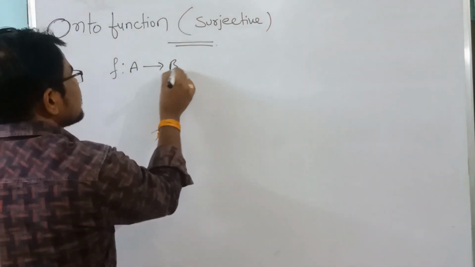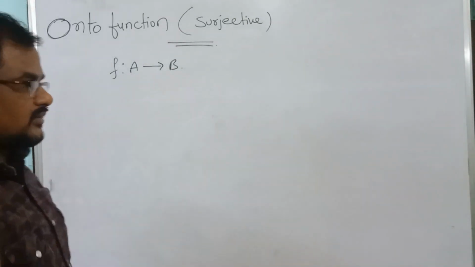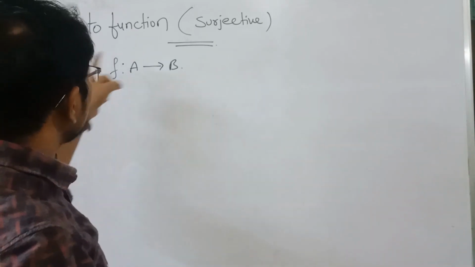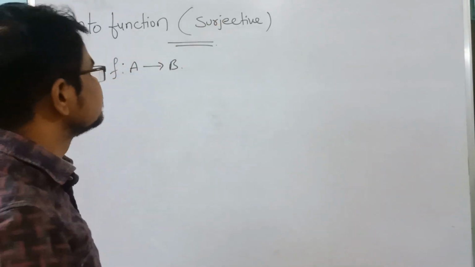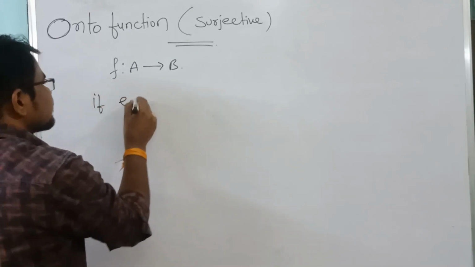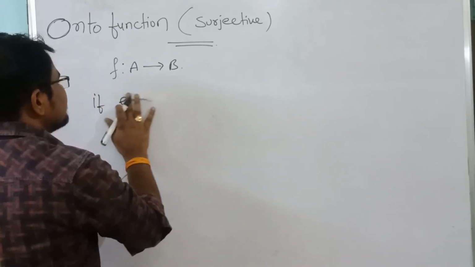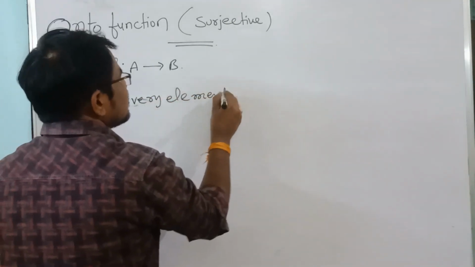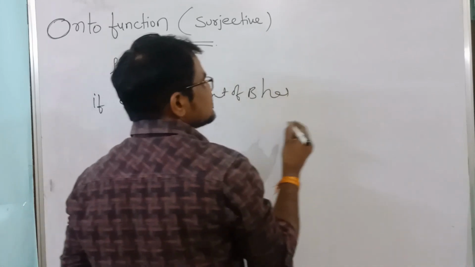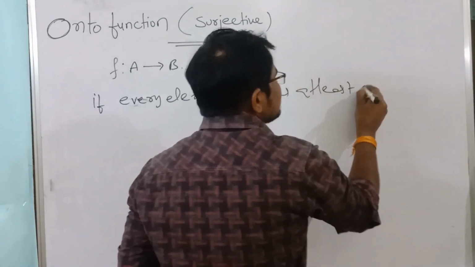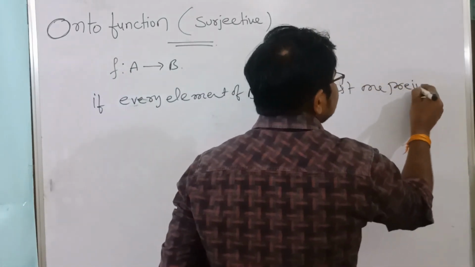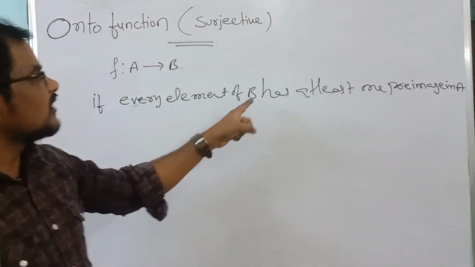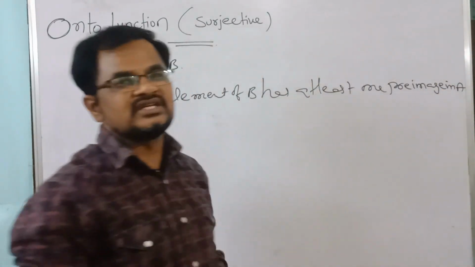A function f from A to B, means a function which is mapping from A to B, is said to be an onto function or surjective if every element of B has at least one pre-image in A. Every element of B has what? At least one pre-image in A.